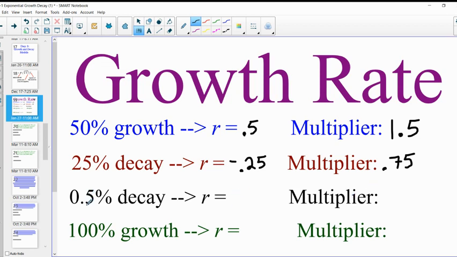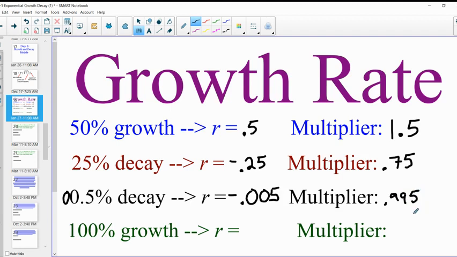When we get into smaller numbers, 0.5% decay, well, again, negative because we're looking at decay. Right now it's 0.5. So if I move that decimal point over 2 spots, we're going to have 0.005 for our growth rate, negative 0.005, which means my multiplier will be 0.995.